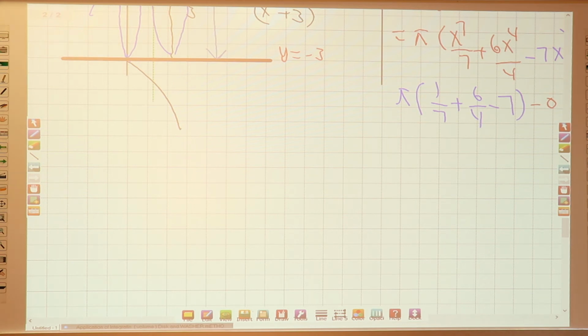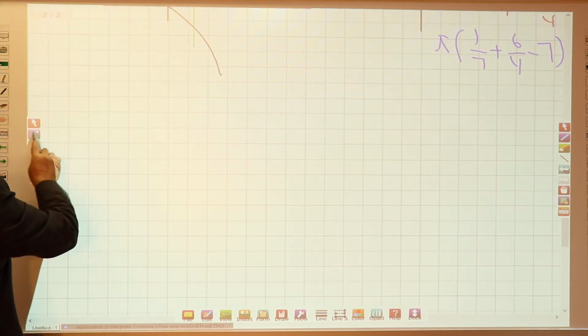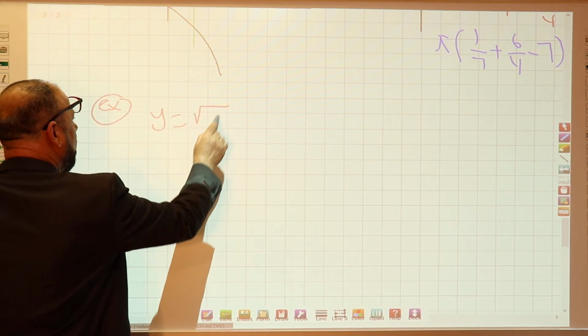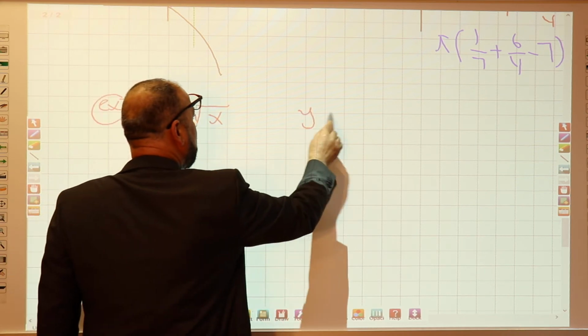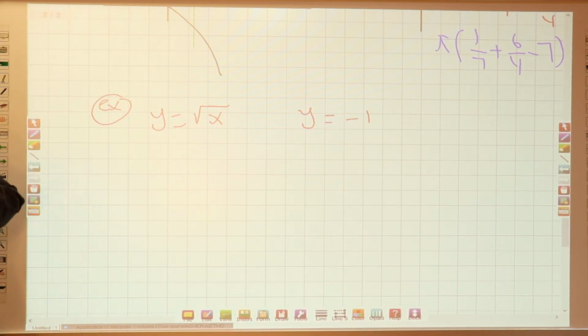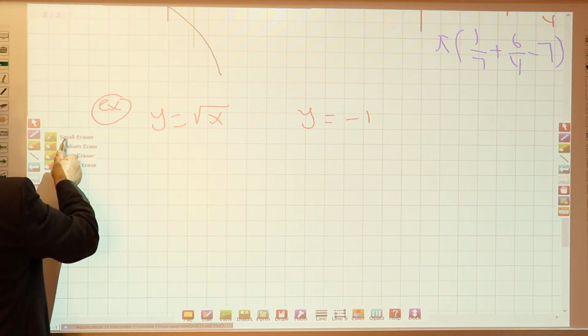To confirm this one, let us go to another problem like that. Now we have another example. y equals square root of x, revolved about y equals -1.